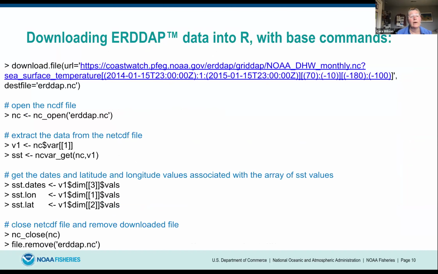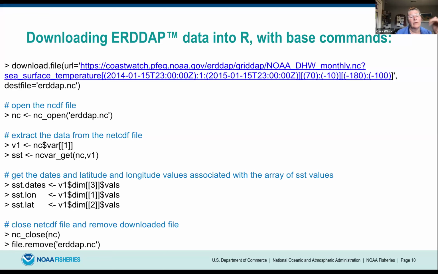You can use download file and say it's a netcdf file. You can then open up that netcdf file and extract from it. This is doing it the hard way. Then you close the netcdf file and remove the netcdf file.